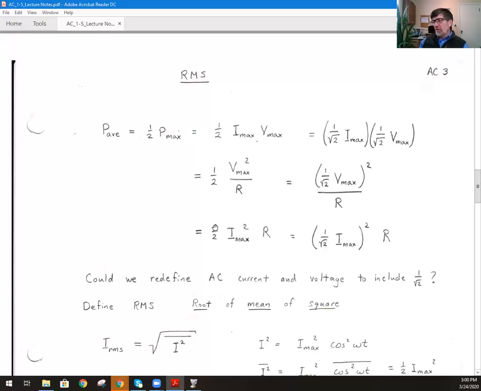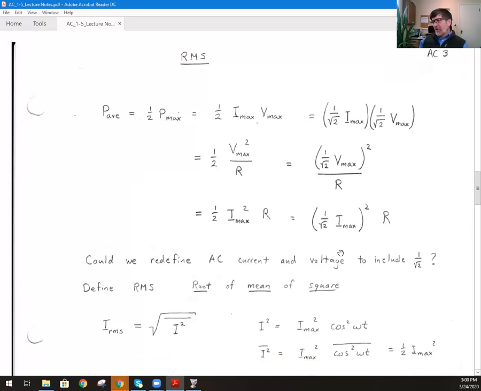Do the same thing with the other formula for power, I squared times R. This factor of 1/2 that came from here, we could stick into here. So now you'd have to remember all these weird formulas. Do you have factors of 1/2 or factors of 1 over the square root of 2?